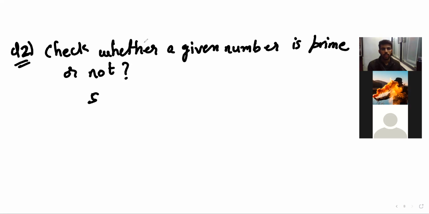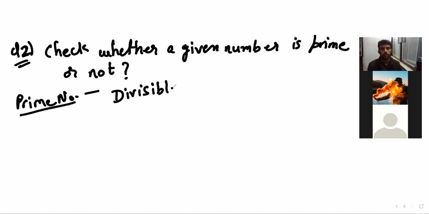So the definition of a prime number is it should be divisible by itself and 1.